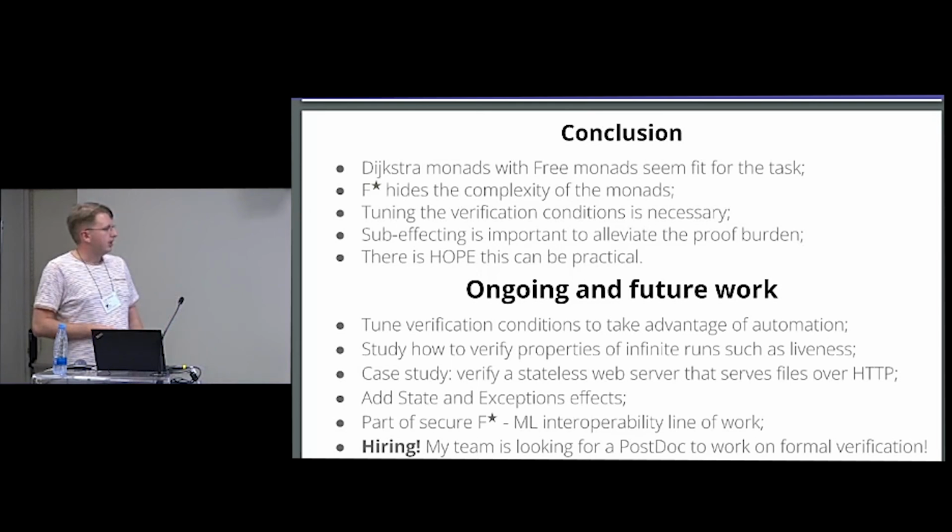To finish the case study, add state and exceptions. And also, this is part of my PhD, we would like to do some work on secure F*-OCaml interoperability, because we do all this work to verify a web server, but then you extract it to OCaml and you lose all guarantees, and that's no good. So that will be interesting to do.